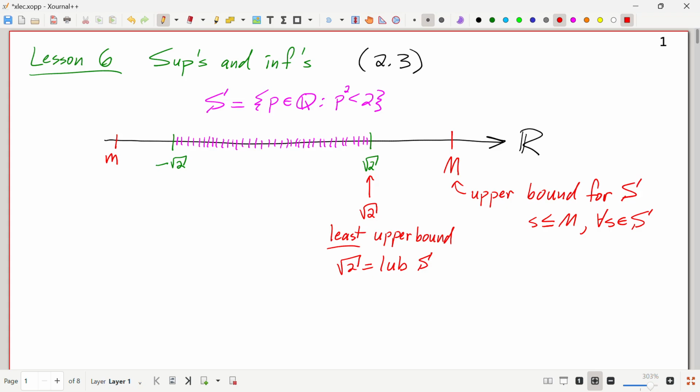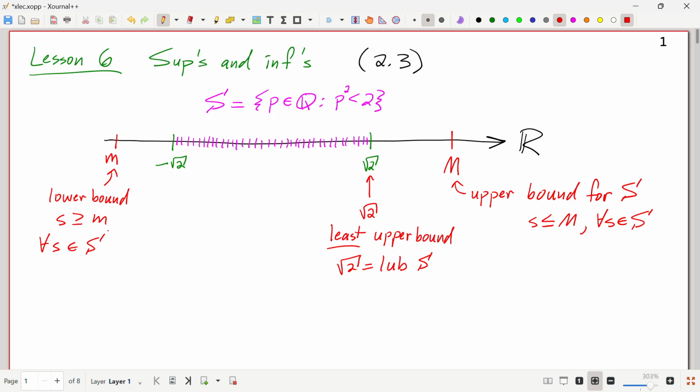And of course, the similar concept, this little m here, is a lower bound. And that means that s is greater than or equal to little m for all s in capital S. And then I could slide that little m until it hits and can't go any further.